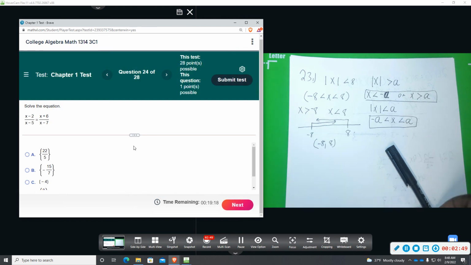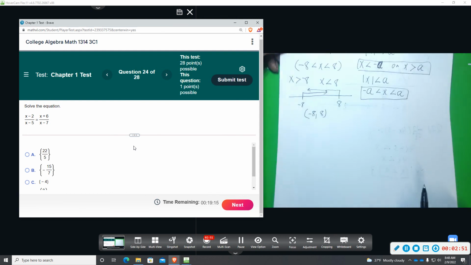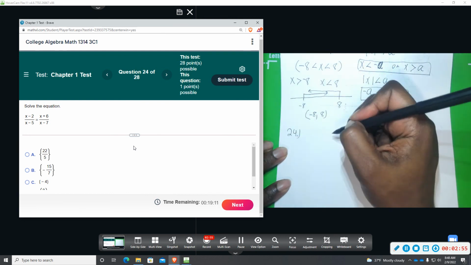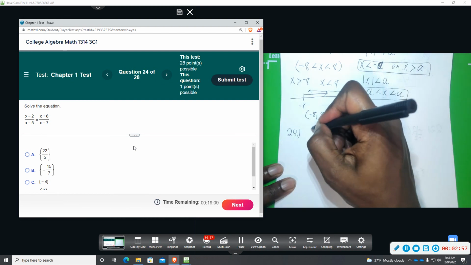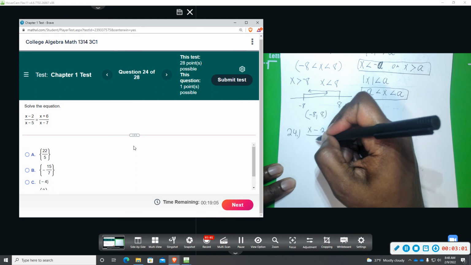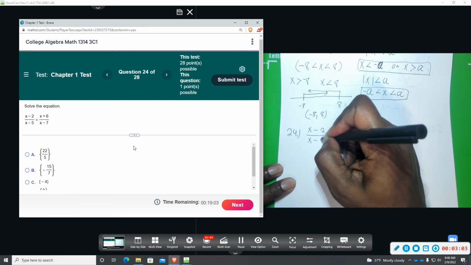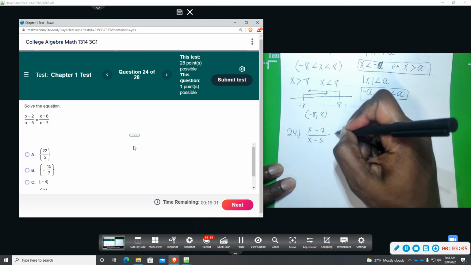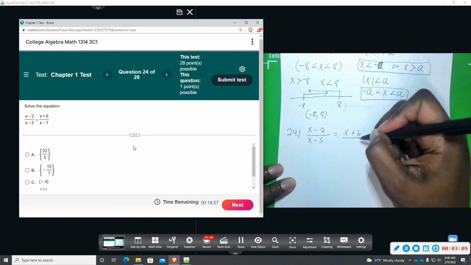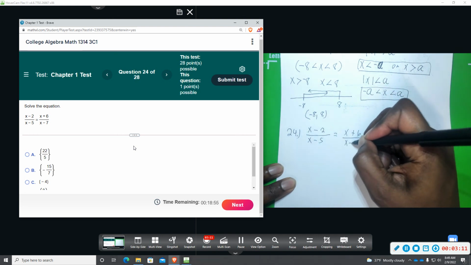Number 24. x minus 2 over x minus 5 equals x plus 6 over x minus 7.